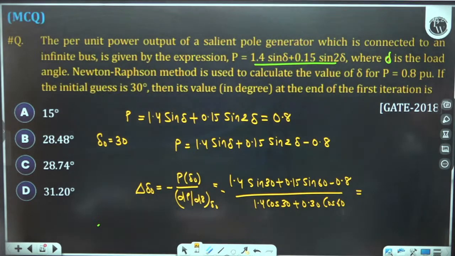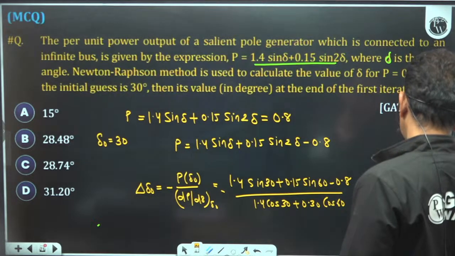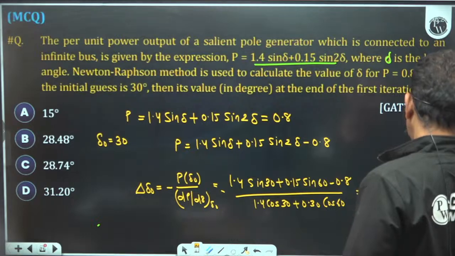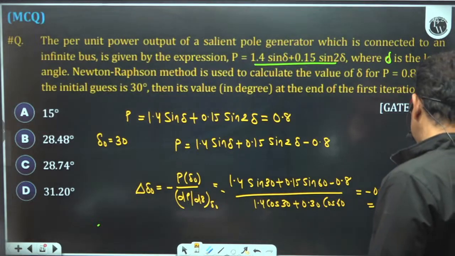You will get 0.0219, minus 0.0219. No doubt it is in radian. So if you convert this into degree, you will get 1.26, minus 1.26.